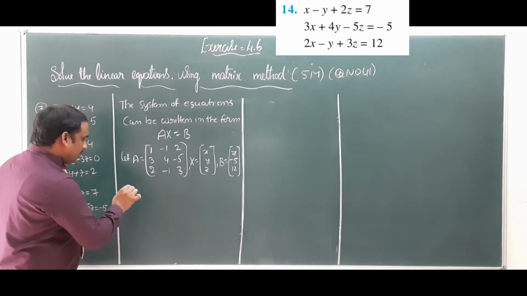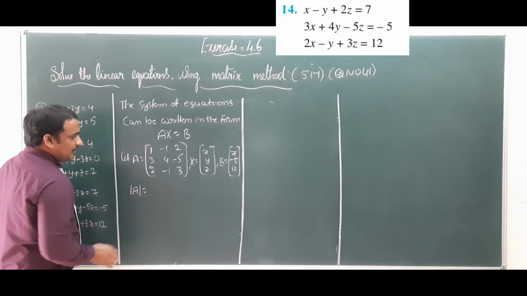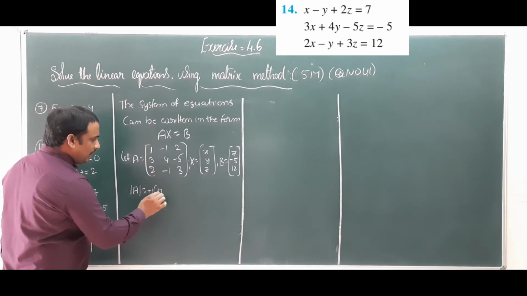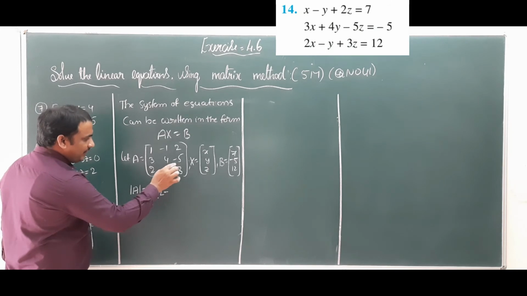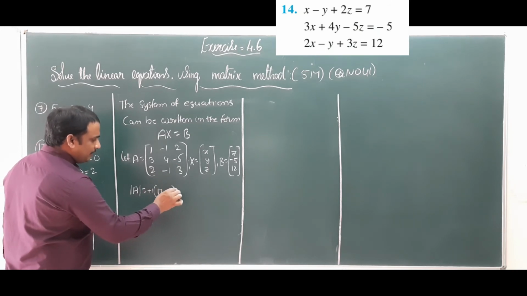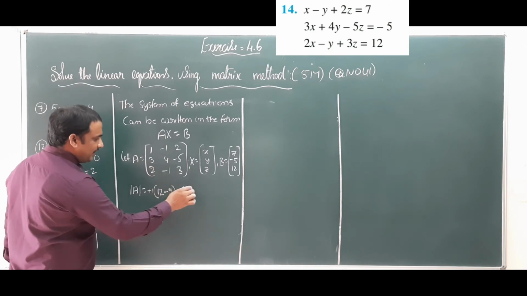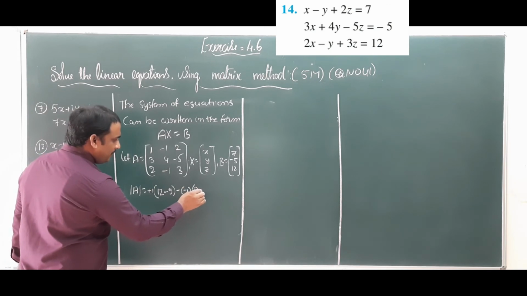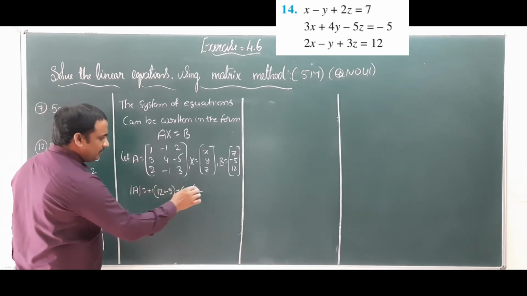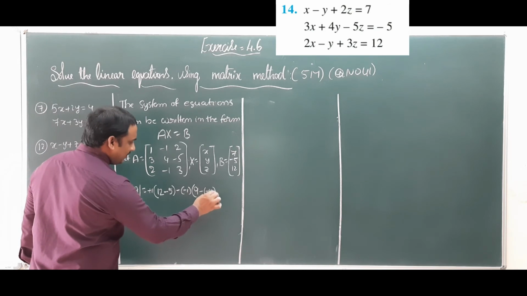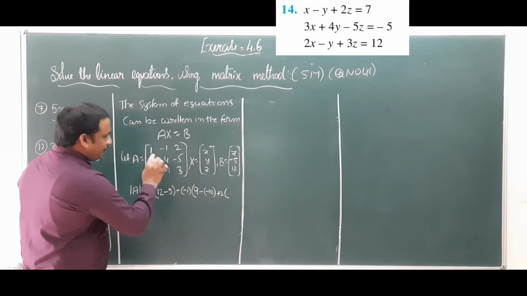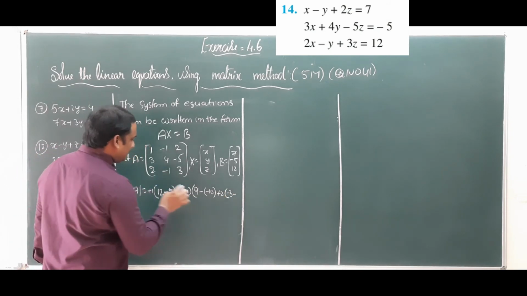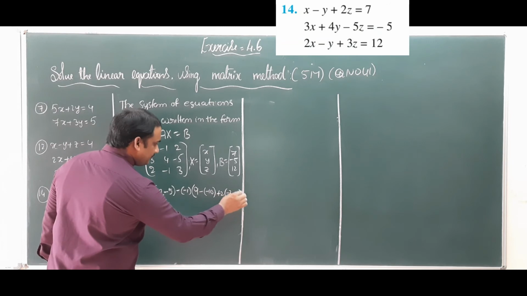Now det A you have to find out. Det A: 1 into 4 into 3 is 12, minus 5 into minus 1 is 5. Next minus, already minus 1 is there here. Now I am writing first row second column. 3 3s are 9 minus 2 into minus 5 is minus 10. Next plus 2, first row third column. 3 into minus 1 minus 3, minus 2 4s are 8.